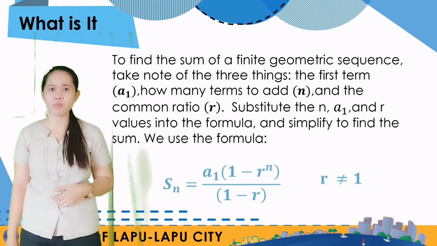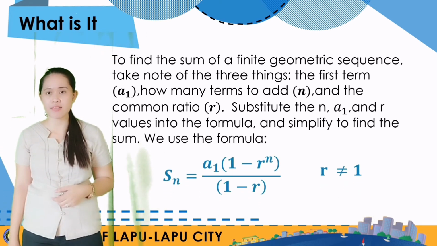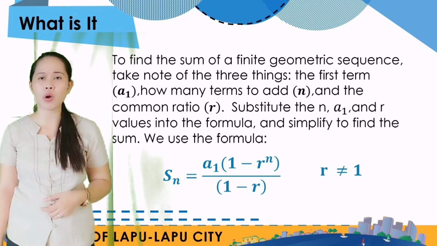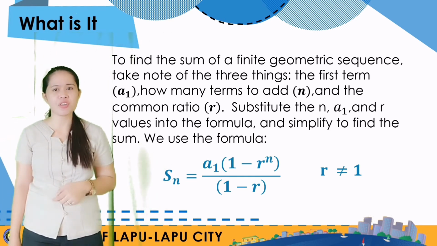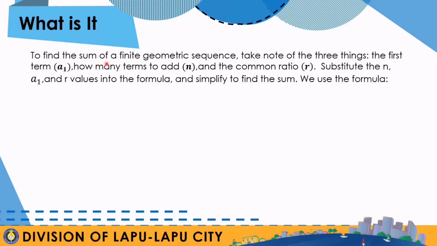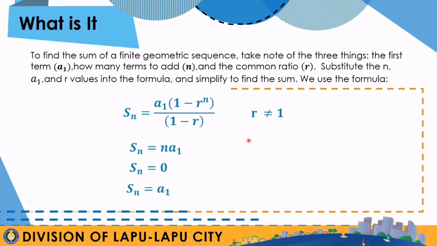We use the formula S sub n equals a sub 1 times 1 minus r to the exponent n all over 1 minus r, and r should not be equal to 1. In finding the sum of a finite geometric sequence, aside from using this formula when your r is not equal to 1, we can also make use of shortcut formulas given the following considerations.